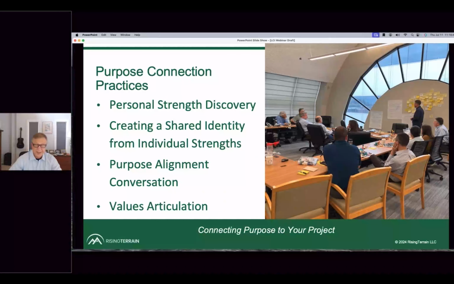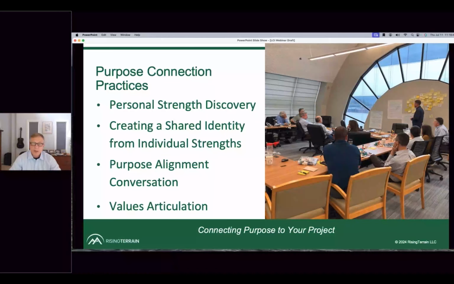We've been told not to stand out in many ways. And yet the ways we stand out are really ways that we demonstrate our personal strengths. We'll talk a little bit about that. And it's important on a project team to understand that together, when we combine these strengths, we create something unique. And we're creating what some people call a shared identity.